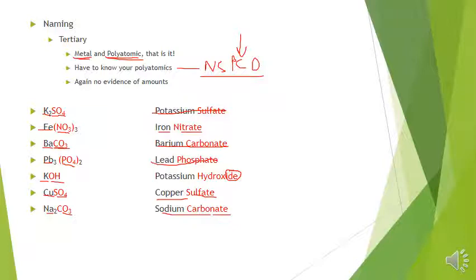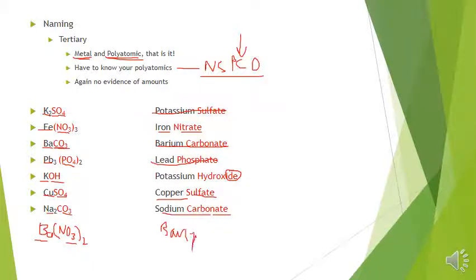Okay. Now, all right, I'll write down one more. Let's say I had Ba(NO3)2. Okay, this would be barium nitrate.